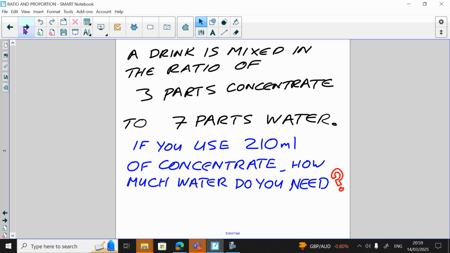Next part is, they're giving us some amount of concentrate, 210 millilitres, and they want to know how much water we need in order that the recipe rules are fulfilled.